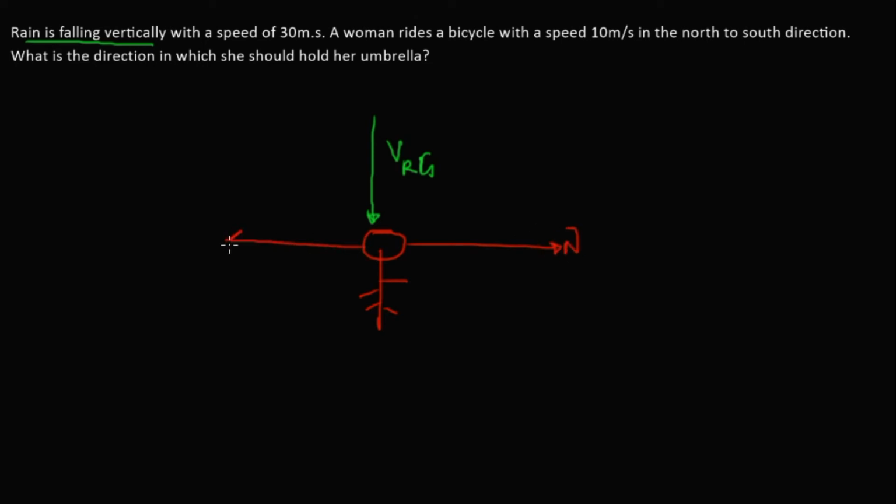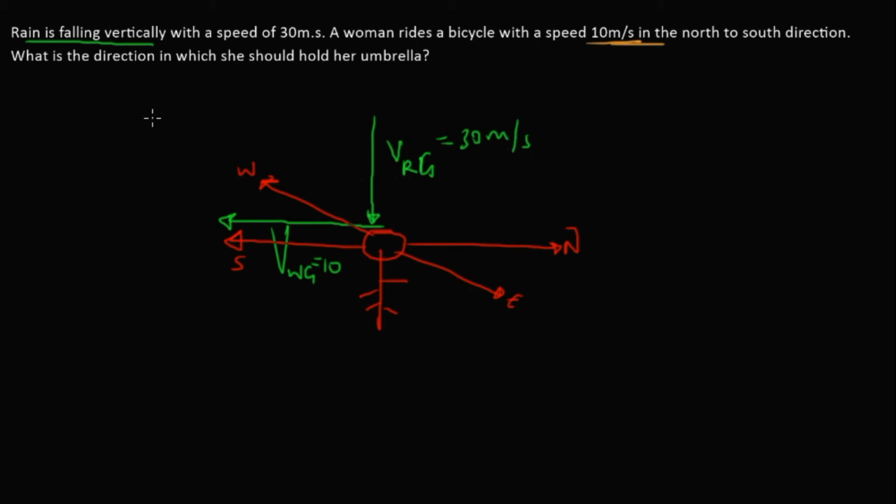The woman rides a bicycle from the north to the south. This is the velocity of the woman to the ground, and that's 10 meters per second. The velocity of the rain to the ground is 30 meters per second.